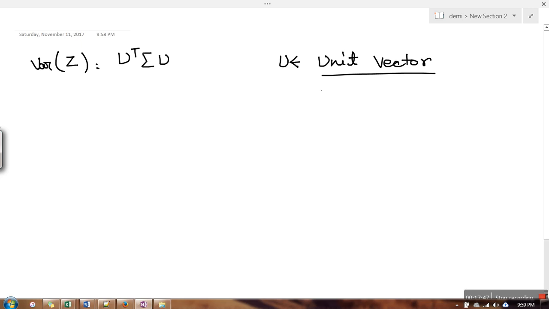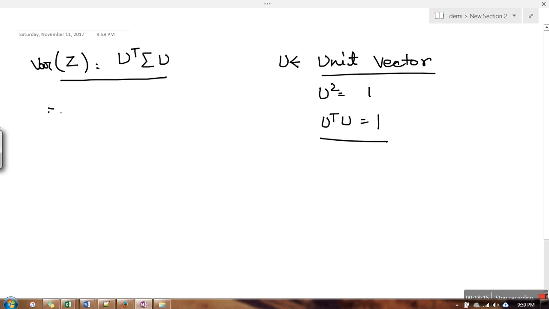If u is a unit vector, in another term we can say u square will be 1, and in matrix form u square is u transpose u equal to 1. Now we are going to combine this expression and this expression into a single problem, and this can be done by using Lagrange. So this problem can be written as a Lagrange problem.